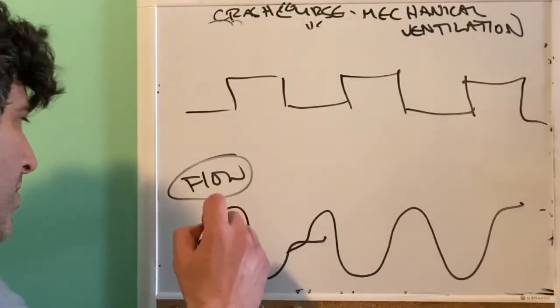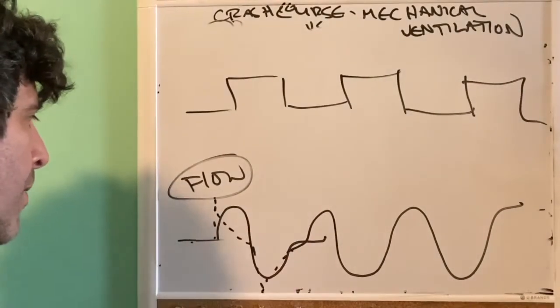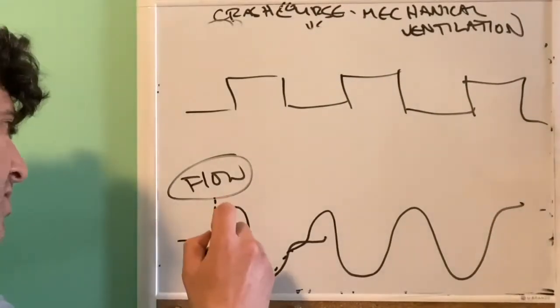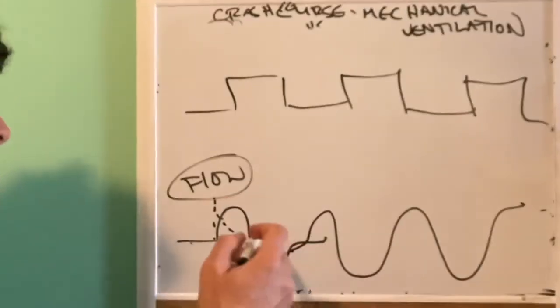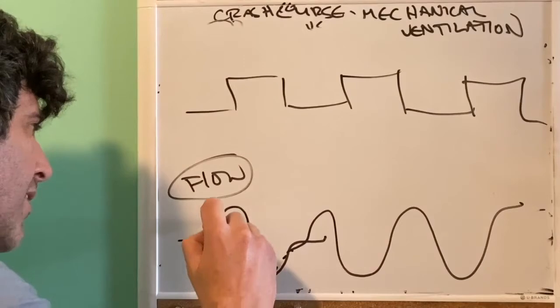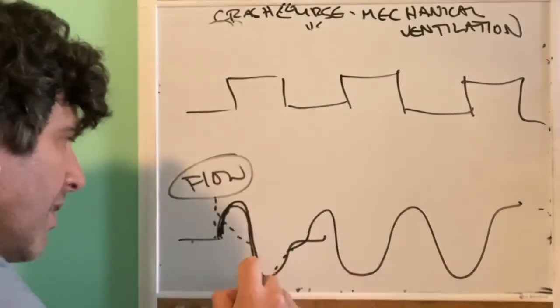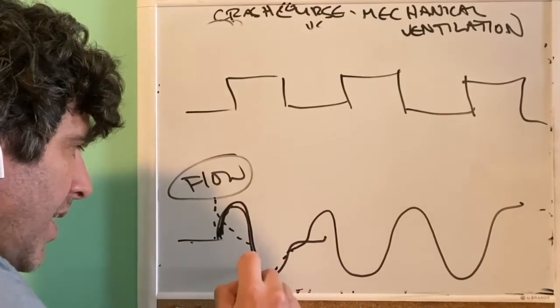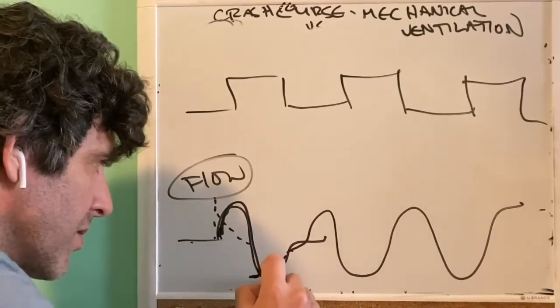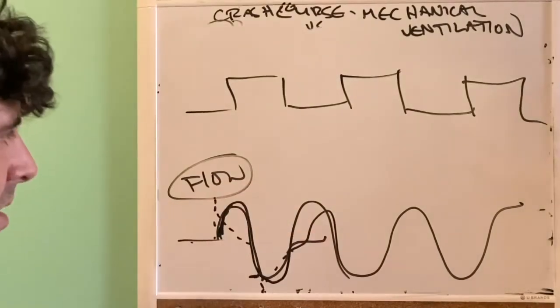Well, it's supposed to look like this. And so really the patient is doing a whole lot of work. They're actually using negative force to increase the flow higher, whereas this should be the highest, they're using expiratory force to push the flow higher, and that's how it turns into essentially this.